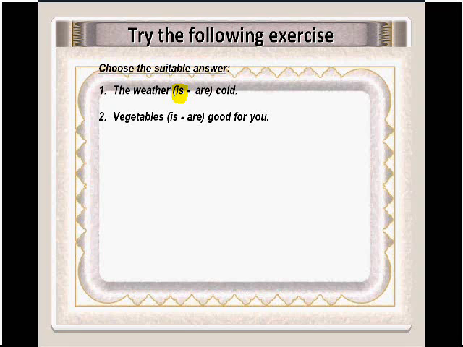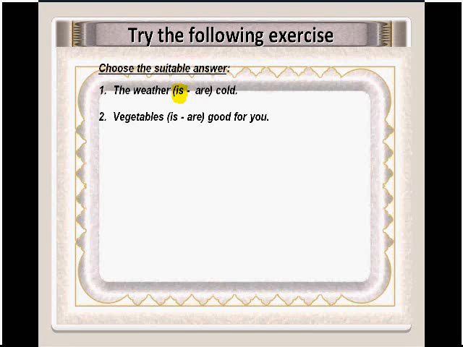Number 2, vegetables is or are good for you. Look at the subject and choose. Can we say vegetables is?